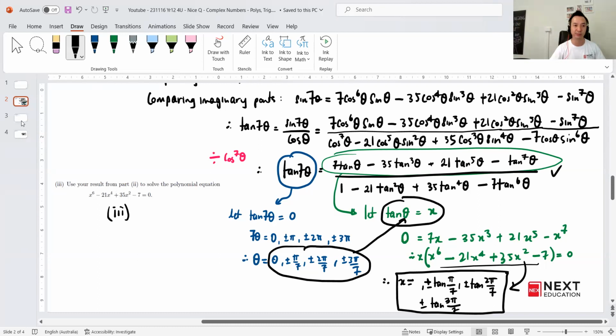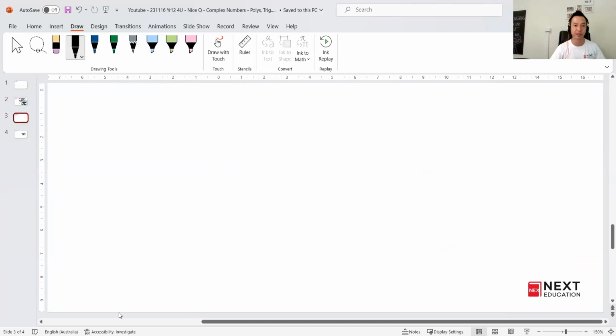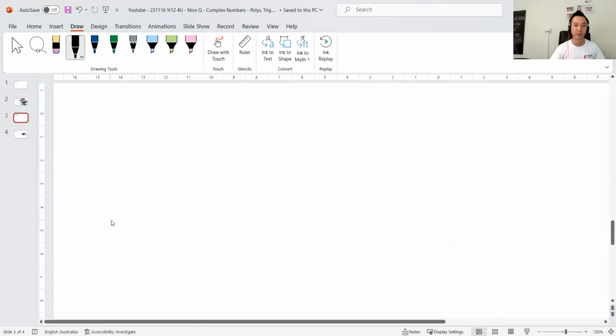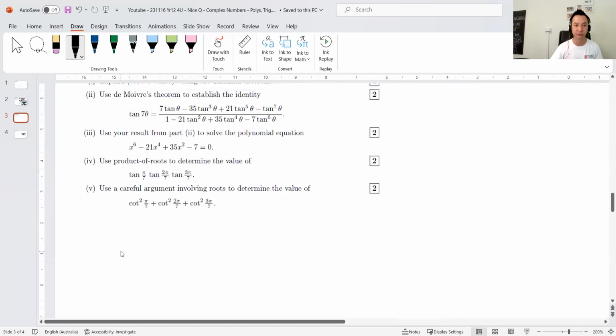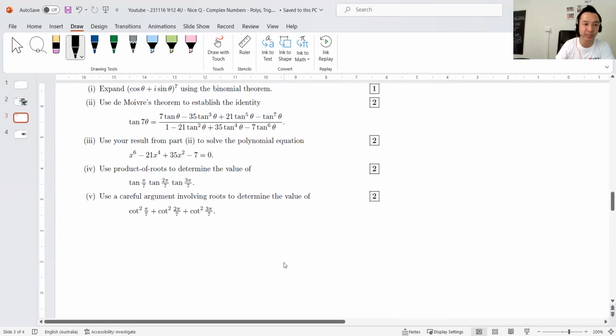Now, I don't have any more space, so let's go to the next page, where I also have a copy of the question. Now, the question says, using product of roots, do that? Cool. So just to be clear, for part 4, 4x6 minus 21x4 plus 35x squared minus 7 equals 0.